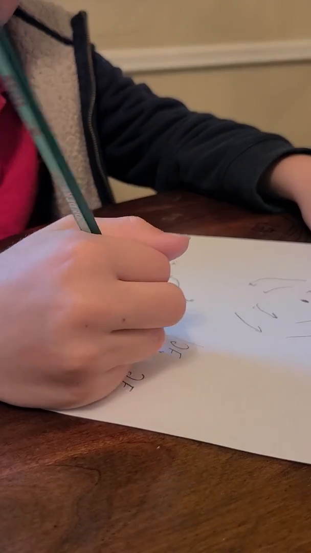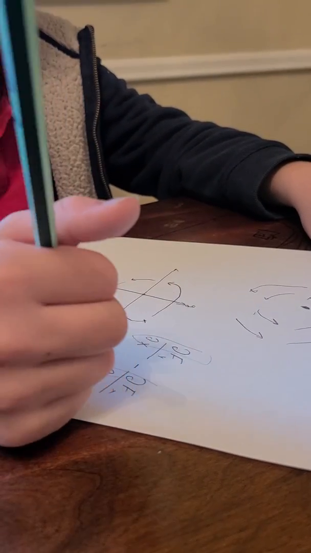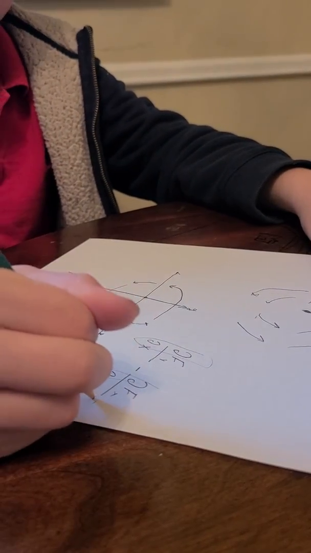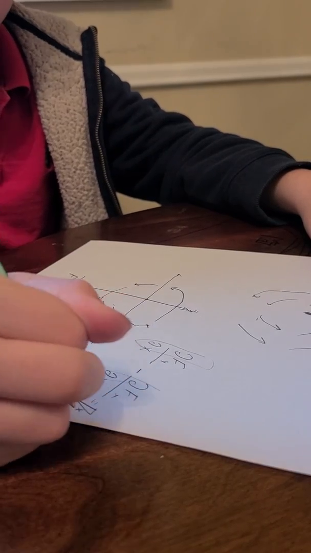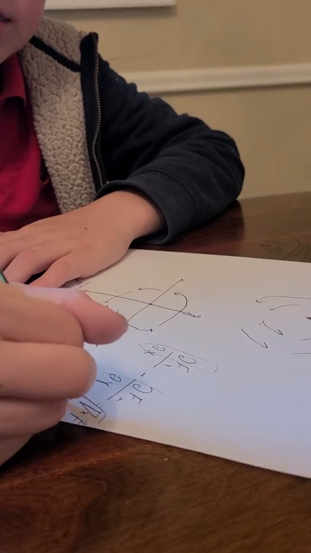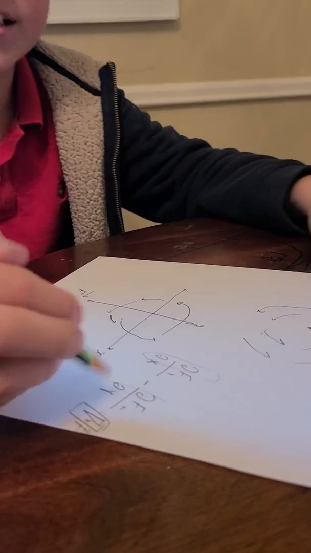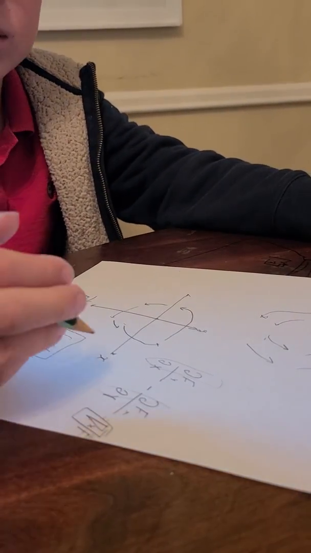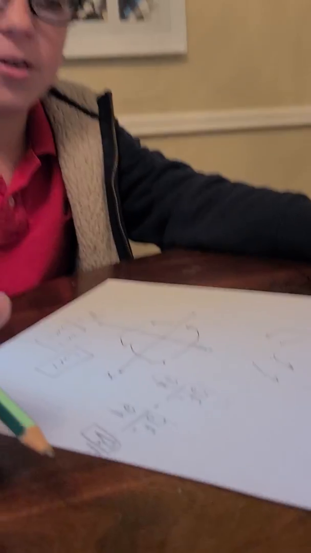And these are partial derivatives, partial differentials. That is equal to curl of f. Well, this little thingy, that's nabla, and that is the cross product. That is the curl operator.